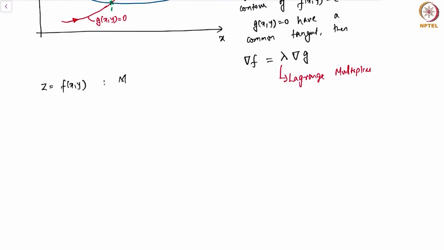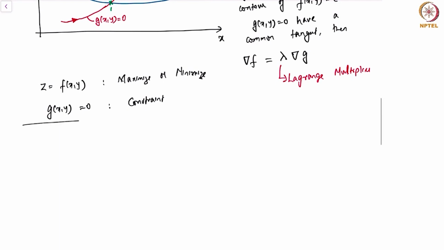We want to maximize or minimize this with the constraint g of x comma y is equal to 0. Now let's start by determining the total derivatives of both these functions.